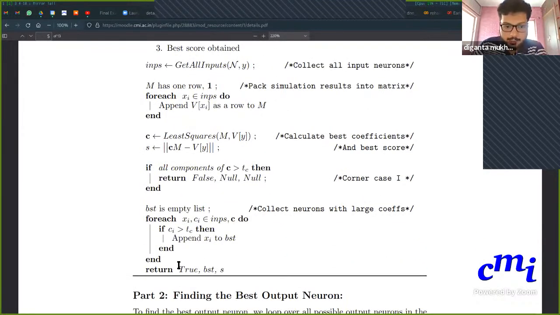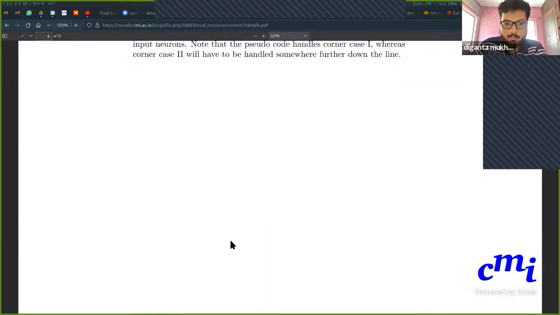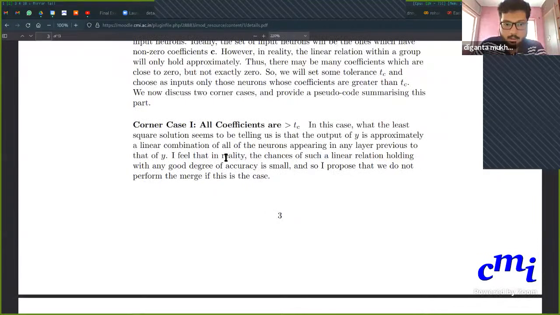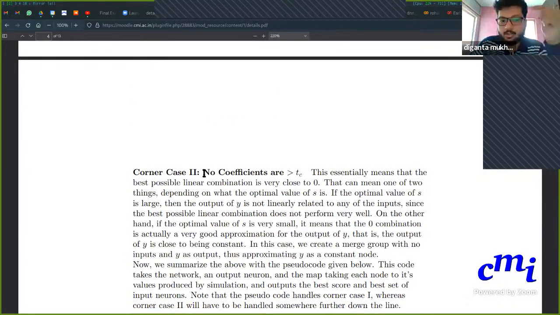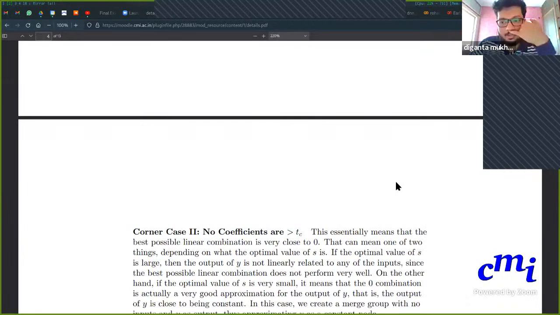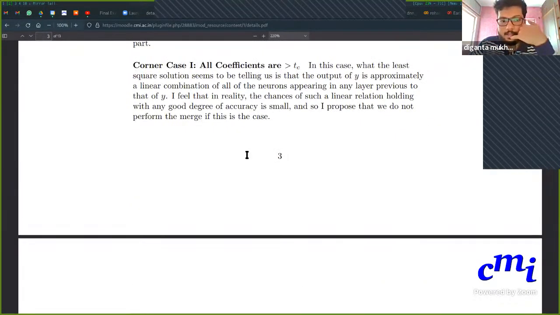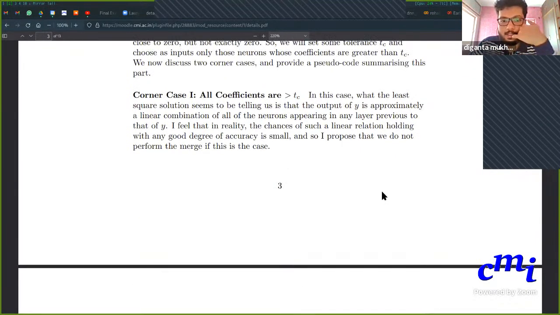I haven't written it in the code, but if you have a situation where all the coefficients are greater than TC, these are the two corner cases: if all the neurons in your network are input neurons, and no neurons in your network are input neurons. In those two corner cases, you'll have to decide what you want to do.